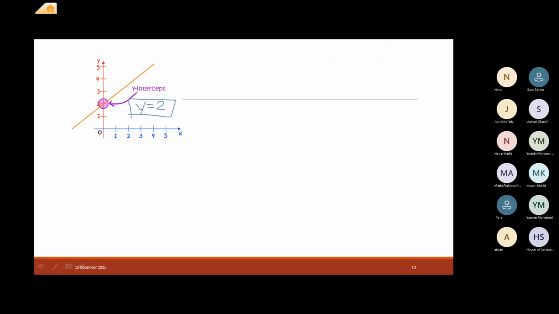Teacher, if you say Y equals 2, can we know it's the Y intercept? Yes, since the Y intercept is 2, saying Y is 2 means it is the Y intercept.